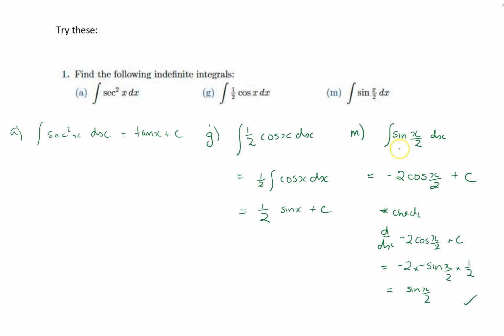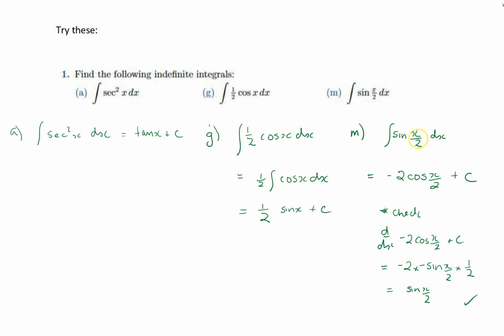So we've got a few things to take into consideration there. We know that there is no negative there, so there must have been a negative in the original function that it came from. We know that there is no half in here, and so there must have been a 2 to counteract that half.